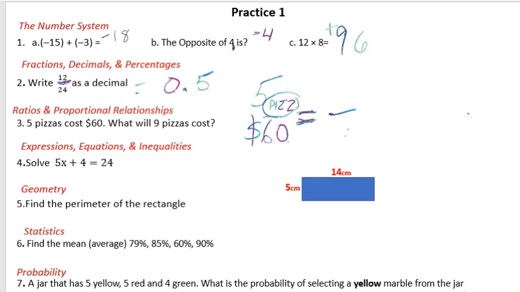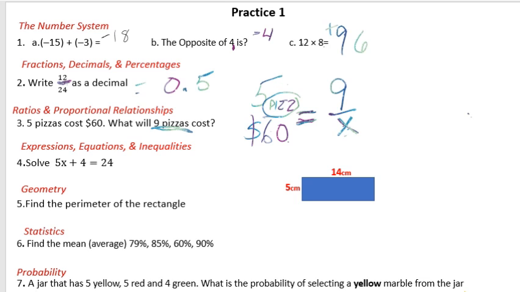What number am I going to put at the top here? 9 pizzas. The question was, what will 9 pizzas cost? I don't know what 9 pizzas cost, so I can't put the money down here. Since I don't know, I'm going to use something called a variable. A variable, we put that in the place of a number or solution that we don't know yet.